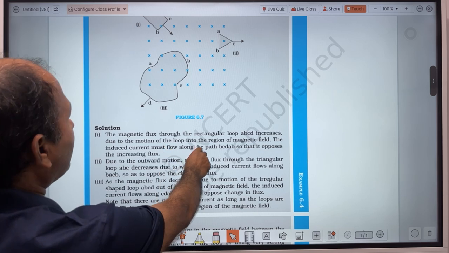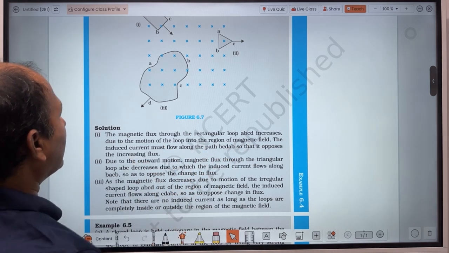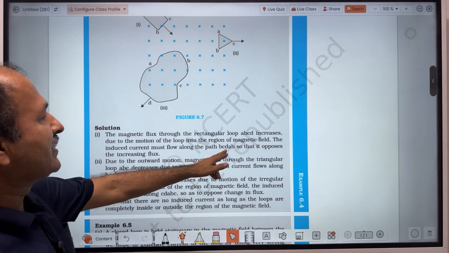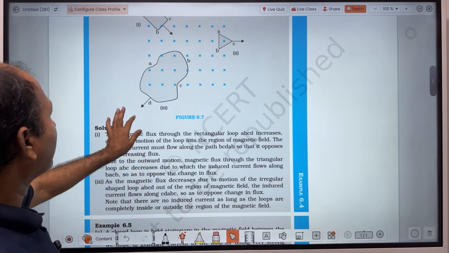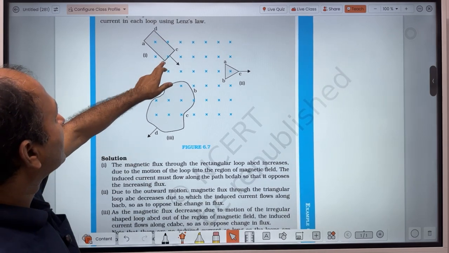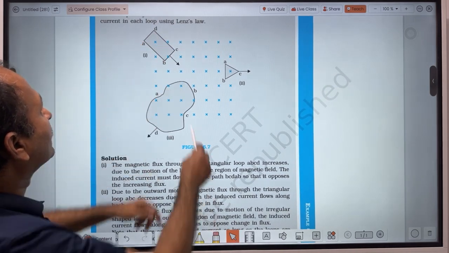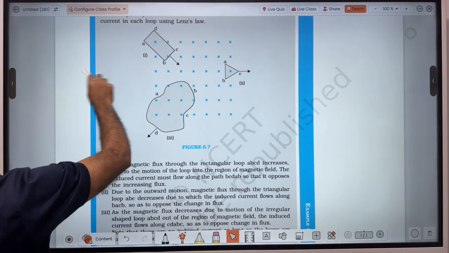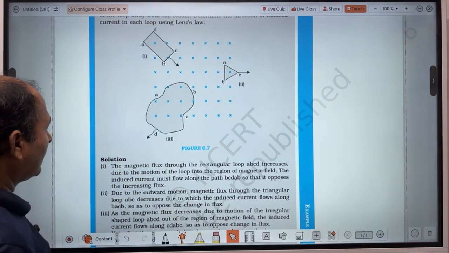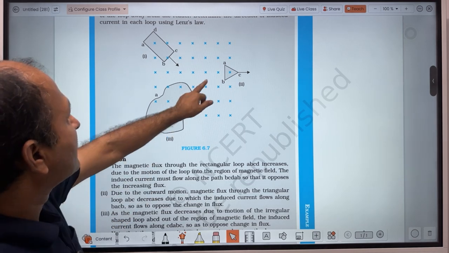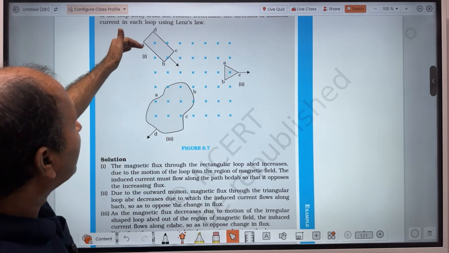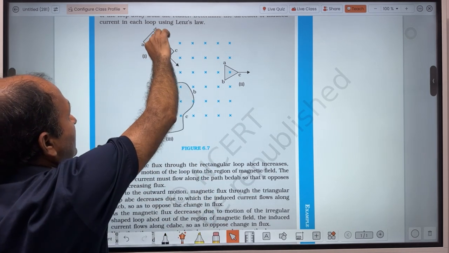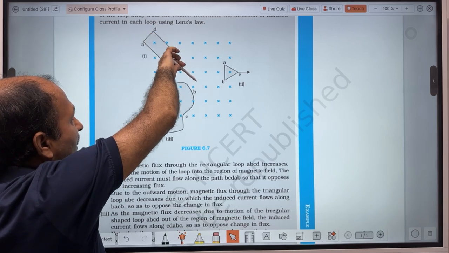So with the motion of the loop into the region of the magnet, the induced current must flow along the path BCDAB so that it opposes the increasing flux. So when it is being brought inside, the direction of current should be like this, right? Then the second one, in this case what happens? Here the direction of current was like this when it was being brought inside.